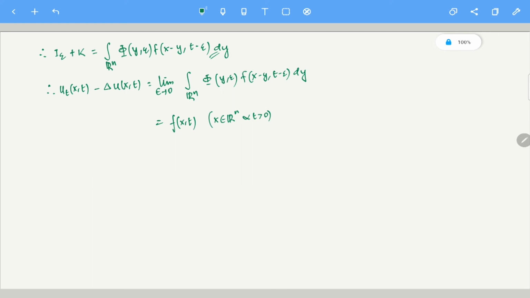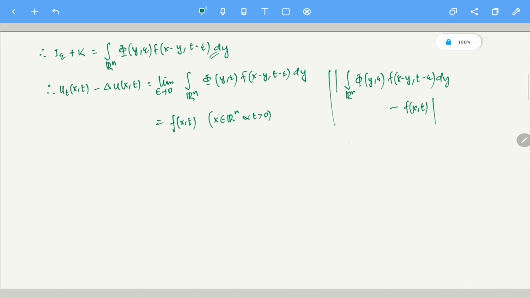To look at why this is coming, you take the integral over Rn of phi of y epsilon f of x minus y, t minus epsilon dy, minus f of x,t. This particular thing you have to make small enough as epsilon tends to 0.